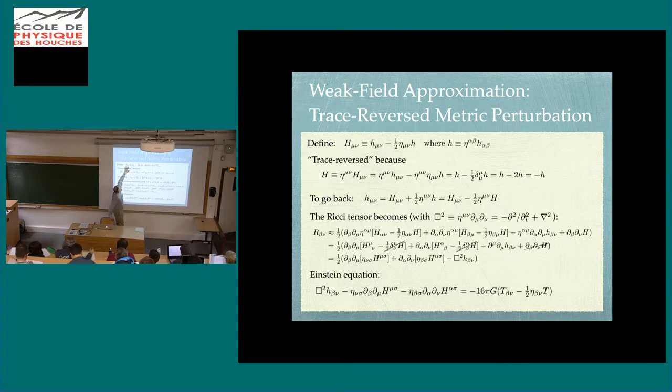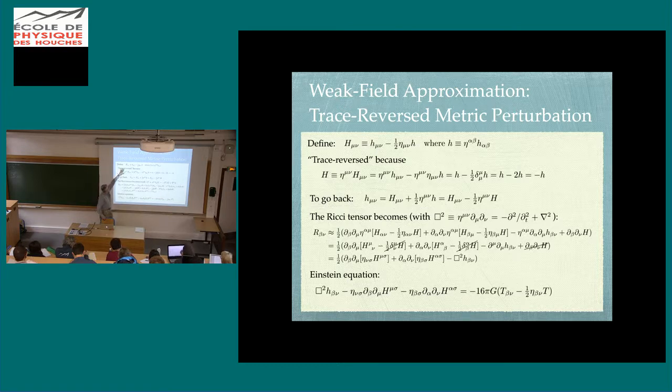But let's define a capital H where I take the perturbation h and subtract off half its trace. Okay? So the trace is just sort of the diagonal elements summed. Of course, you take the t component as negative. But this is what we mean by the trace in flat space-time.